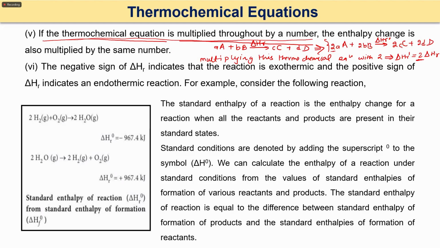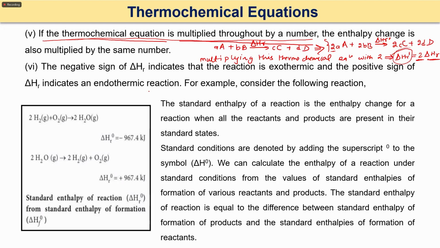So your enthalpy change of this reaction is now delta HR dash, because it will be different, and now it will be 2 times what was the enthalpy change of the actual reaction.